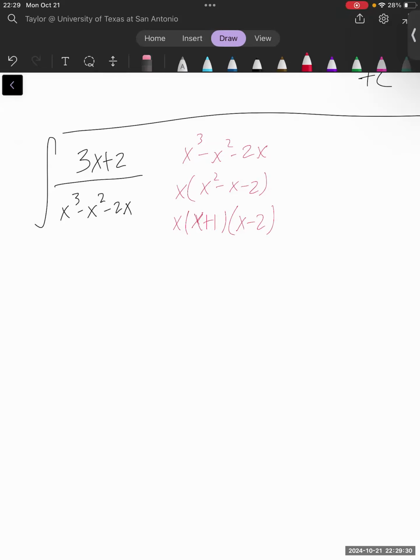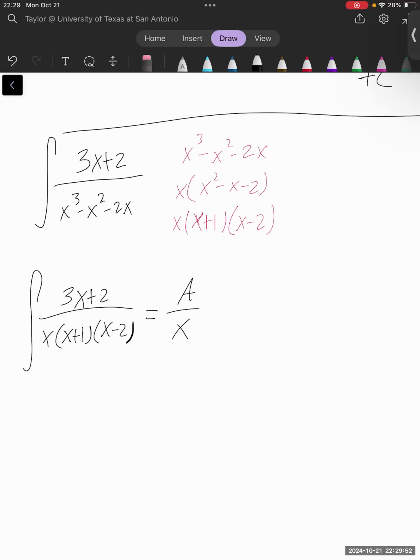So I have 3x plus 2 over x(x plus 1)(x minus 2). And from your classes, you'll know that this decomposes into a over x plus b over x minus 2 plus c over x plus 1.